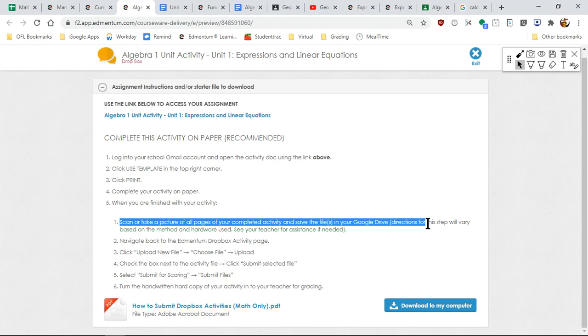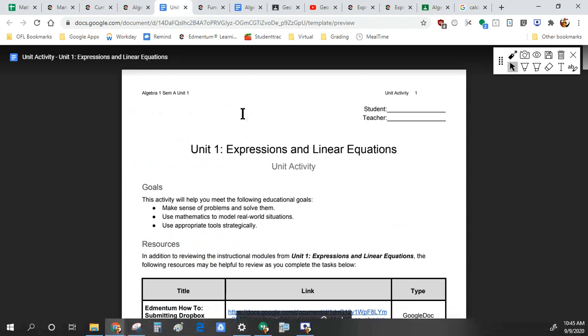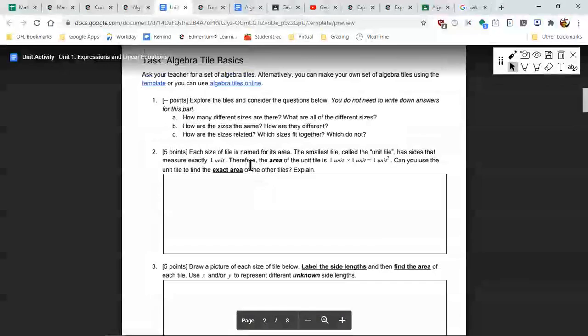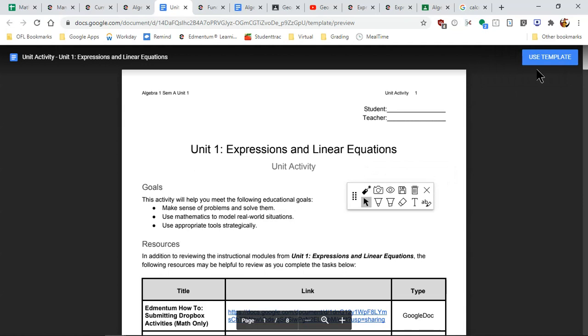It says scan or take a picture. I like saving it to the Google Drive better than that. So follow these directions. The reason why I like doing it on the Google Drive better is you don't have to worry about pictures or anything unless you really want to. So what you would do here is click this use template button.